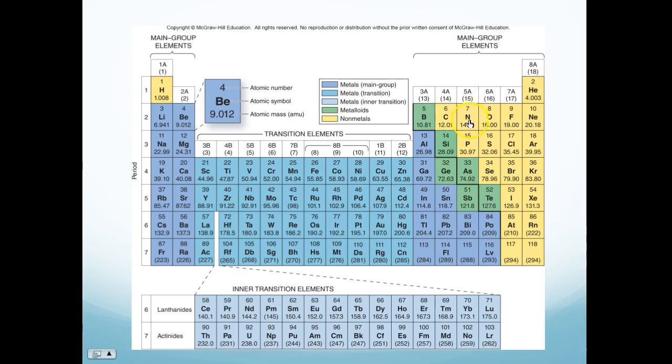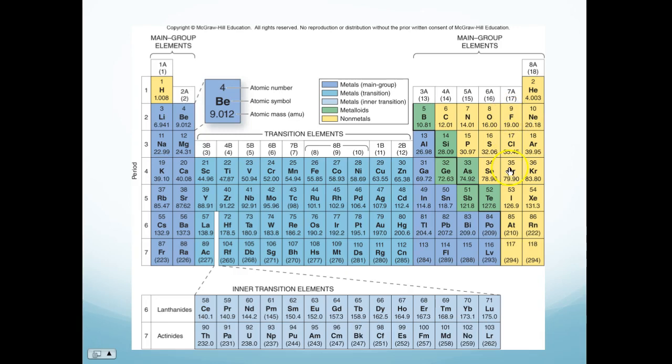So if we move on to nitrogen, now we are in nonmetal territory. These are going to want to gain electrons to become stable. So if I am nitrogen and I'm gaining electrons, I'm going to gain 1, 2, 3 electrons to be like a noble gas, which gives me a -3 charge. For oxygen and its elements in that same group, I want to gain 1, 2 electrons to become stable, so I will have a -2 charge.